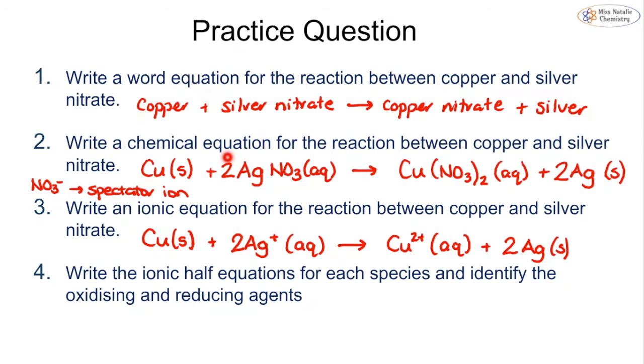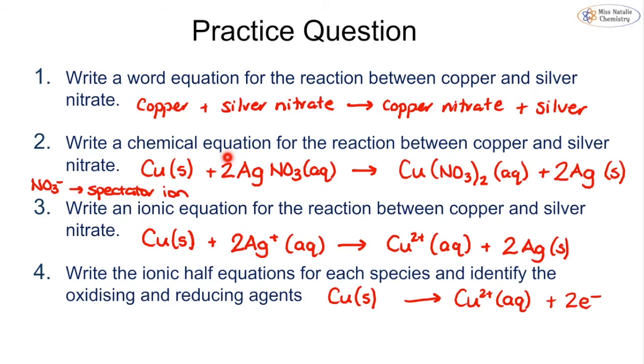Now we can even take it a step further and we can write out the half equations. So if we start with the copper, we're going to have copper metal forming copper ions. Now here we are losing electrons from the copper, so the electrons go on the right hand side.